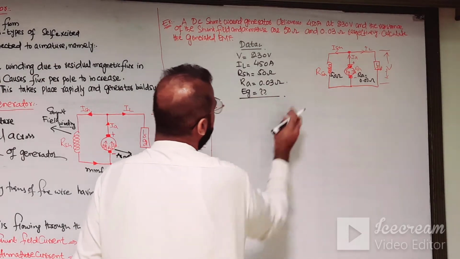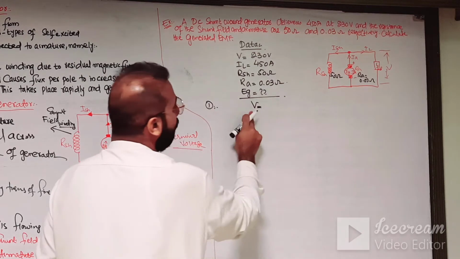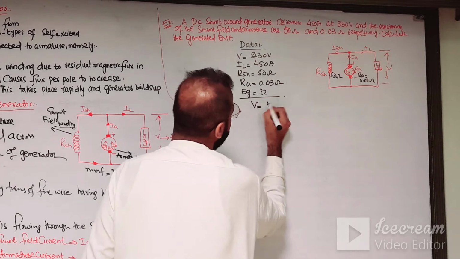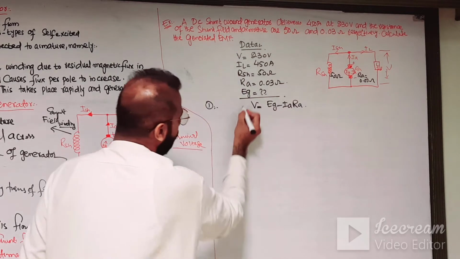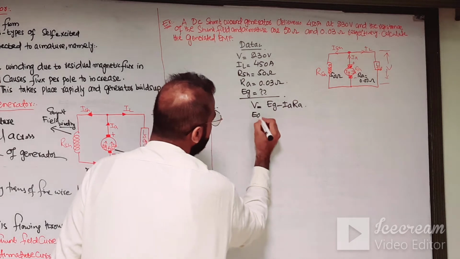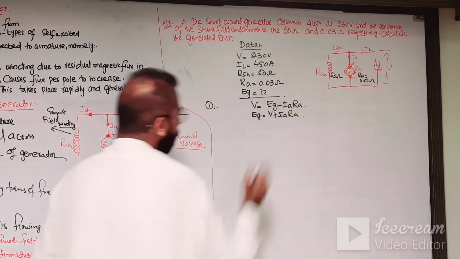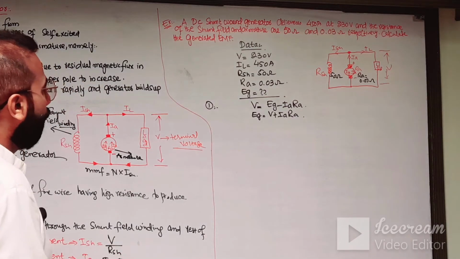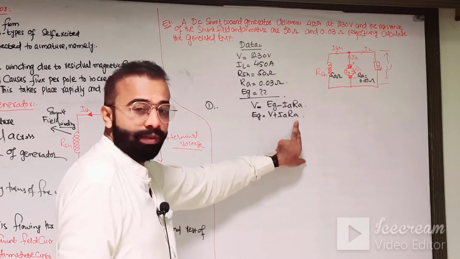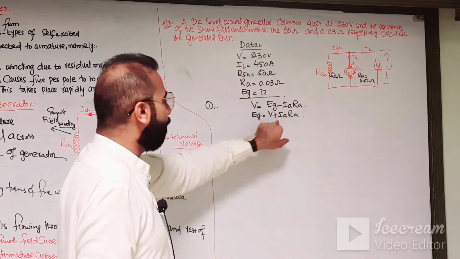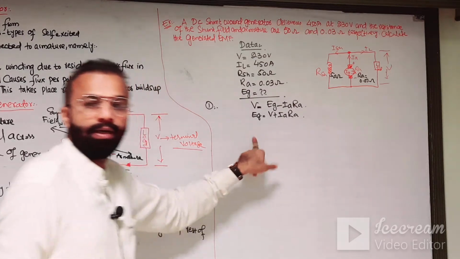The terminal voltage of the DC shunt wound generator is Eg minus Ia Ra. From here, if we find Eg, this will be V plus Ia Ra. Now we have to find the armature current and the armature voltage drop, and then we will put that value in this formula, and then we will get the Eg.